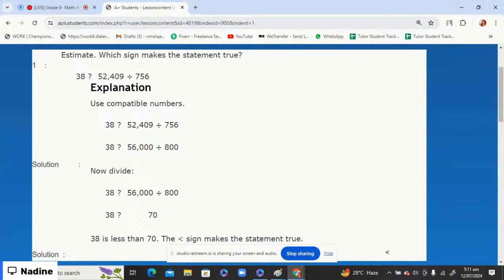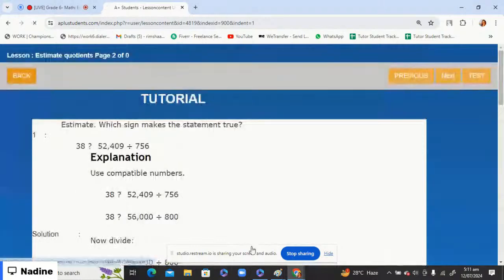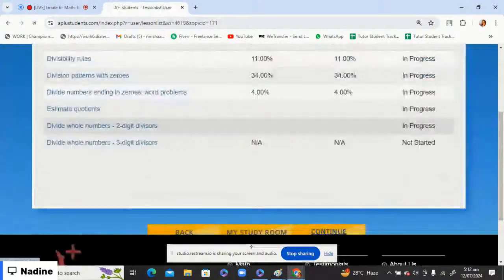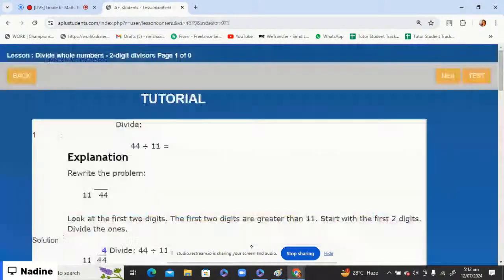Now let's discuss the next lesson. We have done estimate quotients. Now divide whole numbers by two-digit divisors. So here are the whole numbers and then we are going to simply divide them.